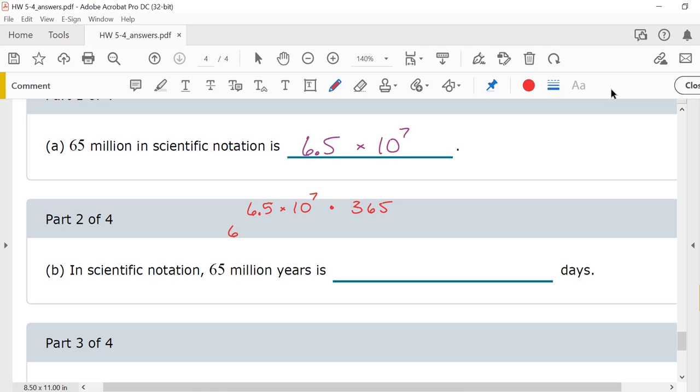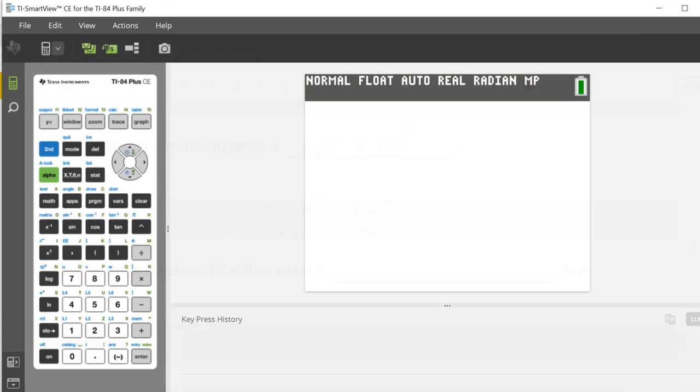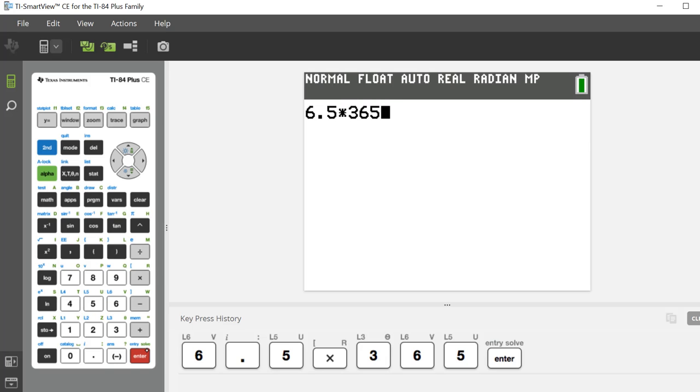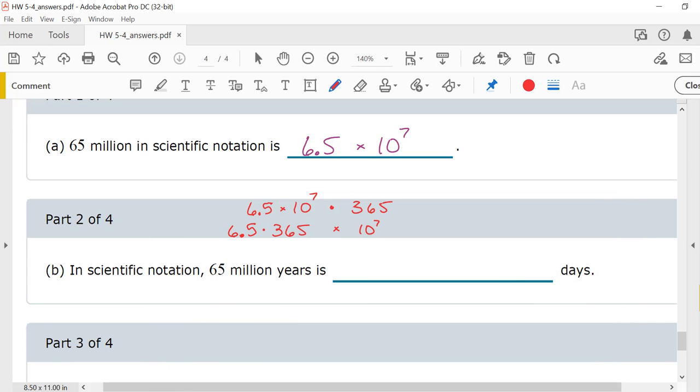So I'm going to multiply the 6.5 times 365, and then multiply that by 10 to the 7th. All right, 6.5 times 365 is 2372.5. 2372.5 times 10 to the 7th.